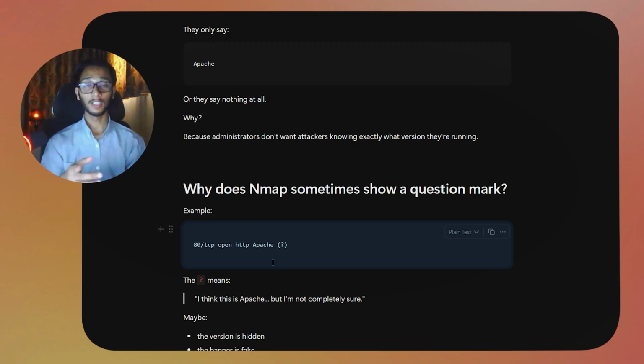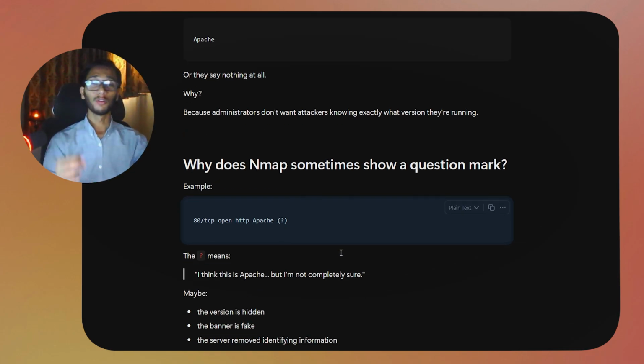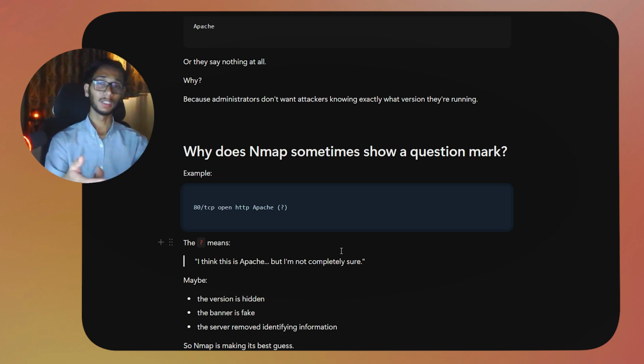So instead, it just added the question mark. Now here's where we can use the service detection intensity, so Nmap will try harder to find patterns or small differences, and it might then give us a better result than the question mark.